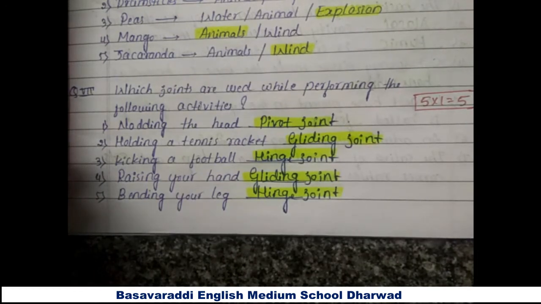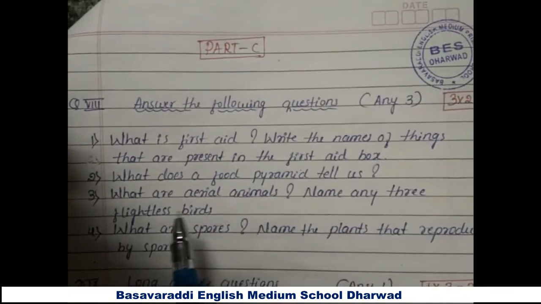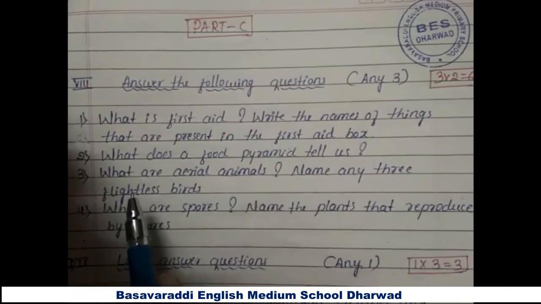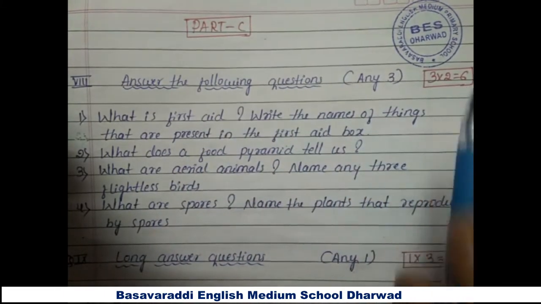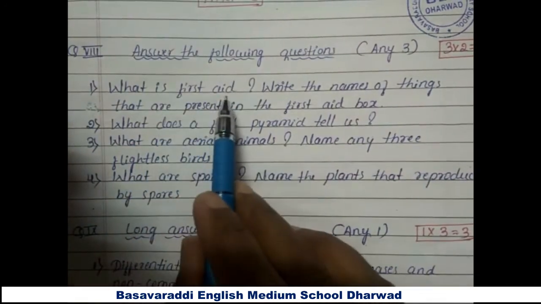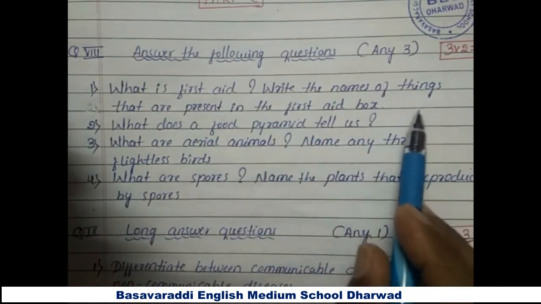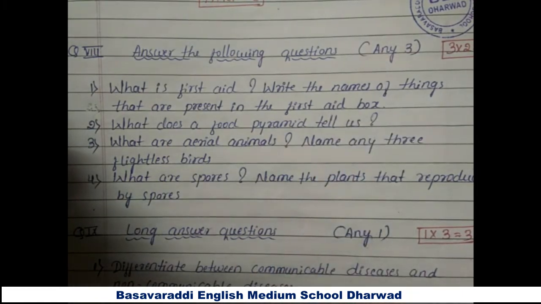Okay, let's move to the next, part C. Question number 8. Answer the following questions. Any 3, each carry 2 marks. First one, what is first aid? Write the names of things that are present in the first aid box.